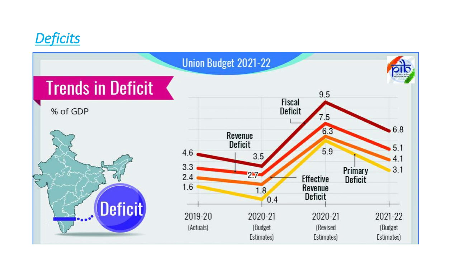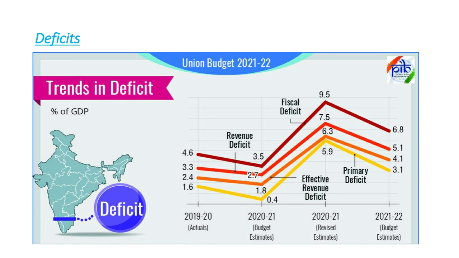So the fiscal deficit the government has proposed about 6.8%, revenue deficit 5.1%, effective revenue deficit 4.1%, and primary deficit 3.1% in the budget estimates.